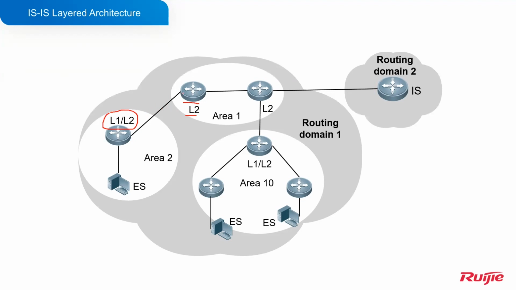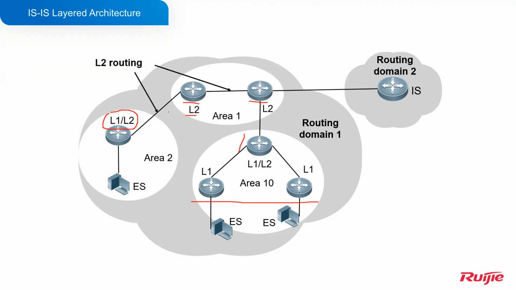Like this router connects with an area 2 device and also connects with an area 1 device. And also the same with this router and this router. And for another router, if all the interfaces belong to the same area, and you connect with the terminals, you can make the router a level 1 router. And why do you define different level areas? Because the adjacency and also the routing information will be very different.